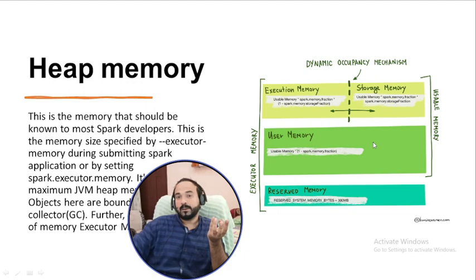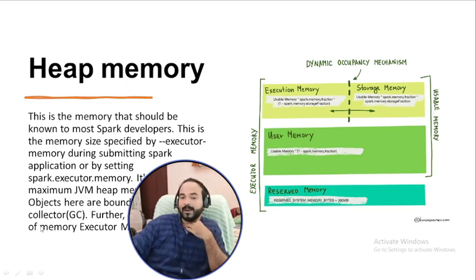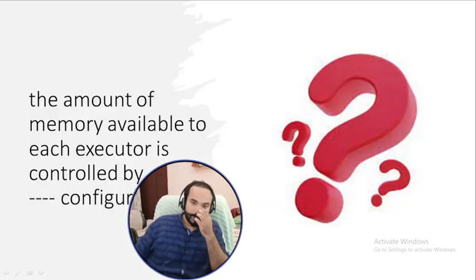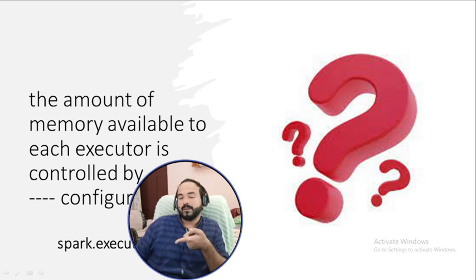So it tries to help you avoid out of memory issues. I will call this part of memory executor memory. The amount of memory available to each executor is controlled by, as you know very well, Spark executor memory.